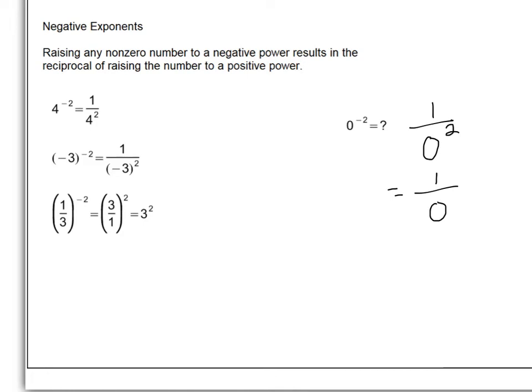But this leaves me with 1 over 0, which is something that is not doable in math. This is a value that we call undefined. Very similar to 0 to the 0th. This is not any number, not positive, not negative, not 0, not 1, not infinity. It's just an undefined value.